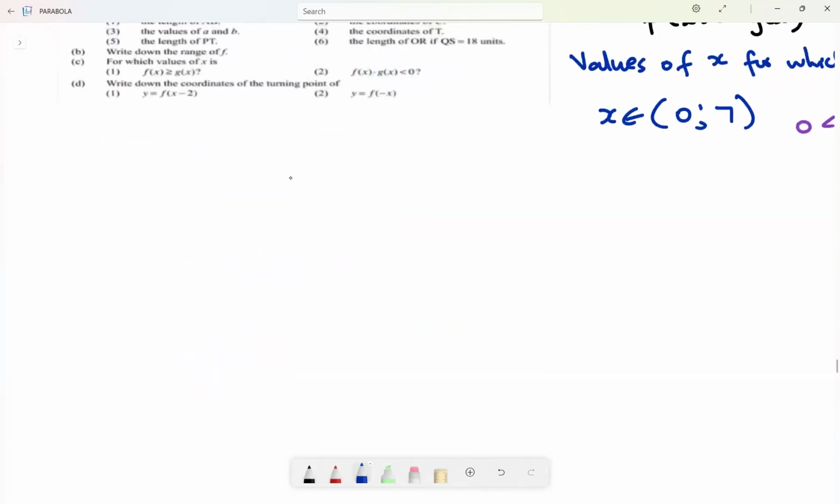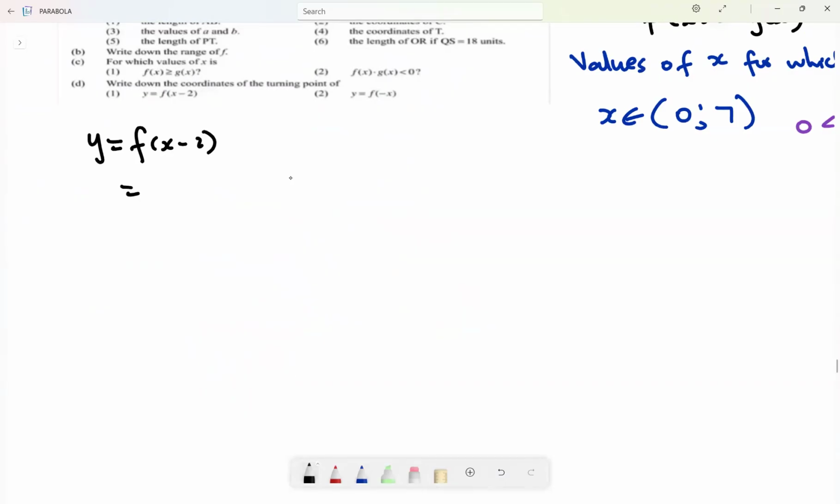I'm going to look at number D. It says write down the coordinates of the turning point of y is equal to f of x minus 2. So it means where I see x on my graph of f of x, I need to minus 2.